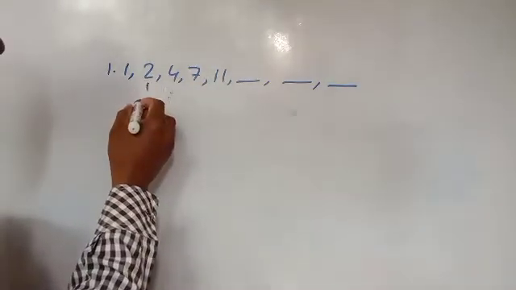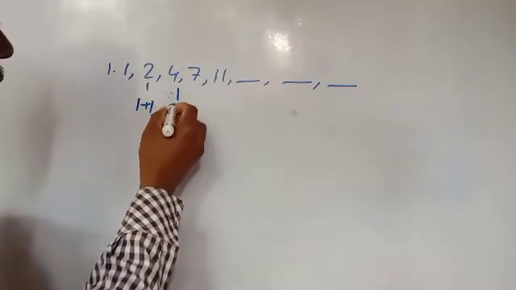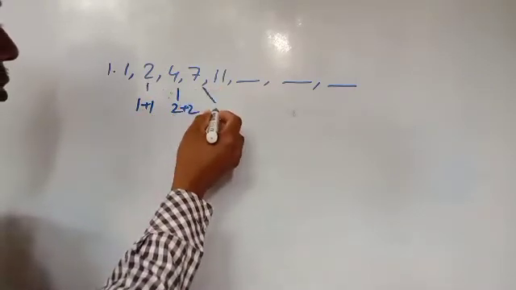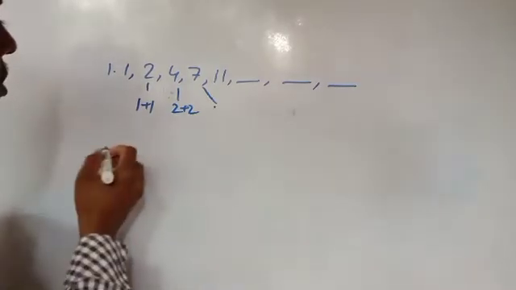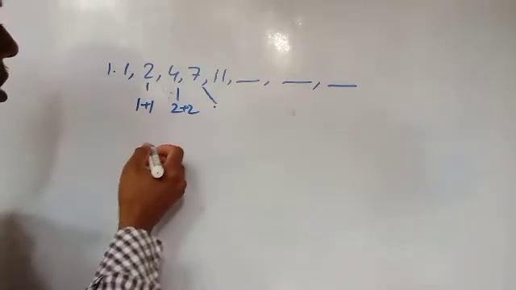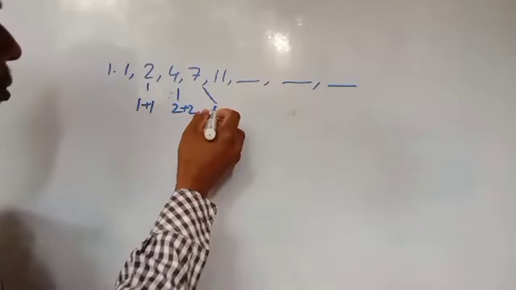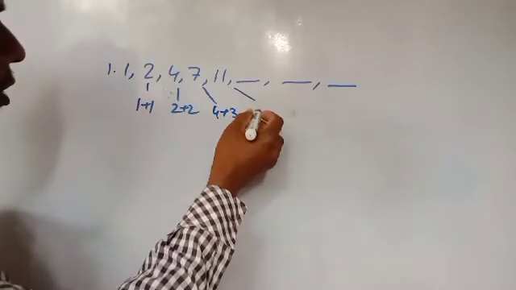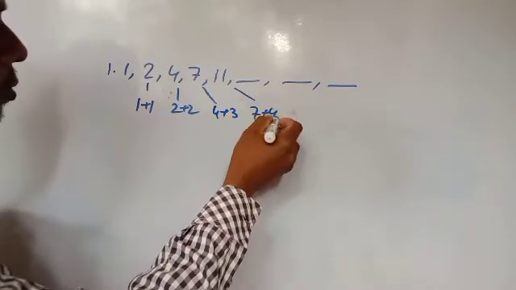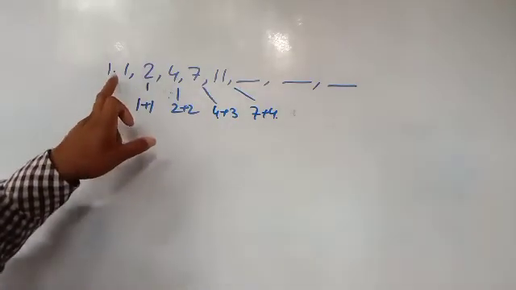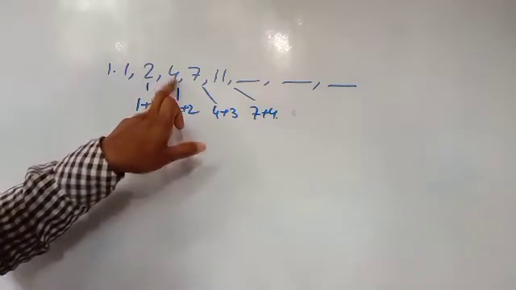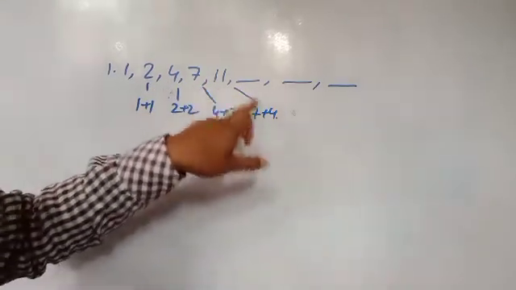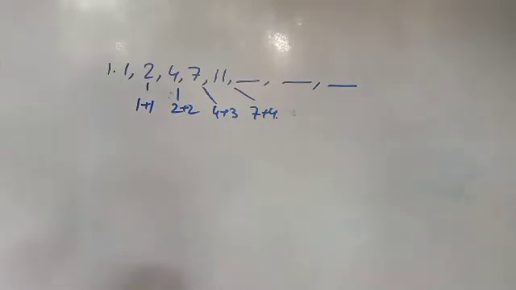That means with the previous number, if you add 1, then 2, then 3, then 4, you will get the next number.